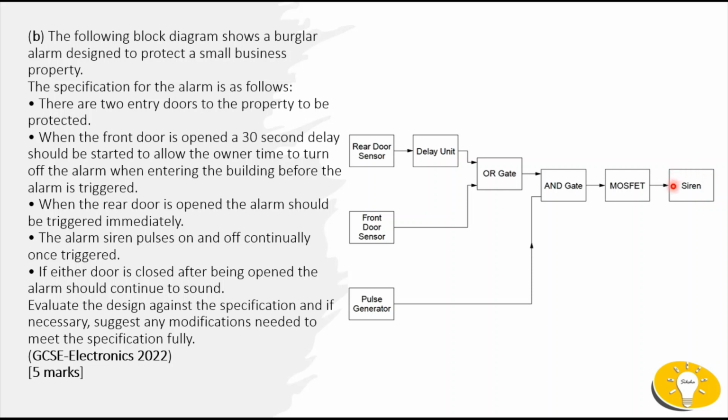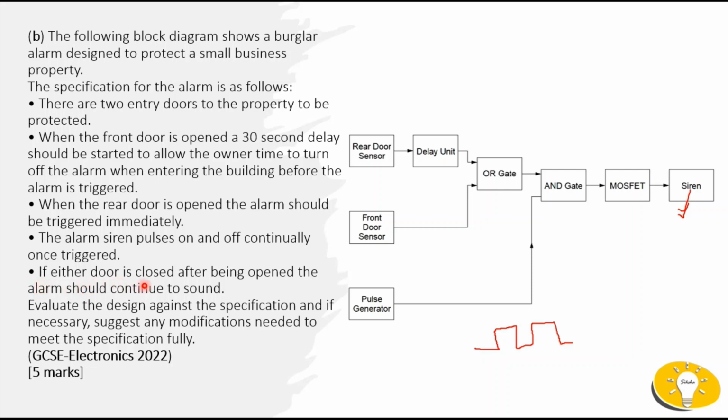So we should connect the siren to a pulse generator. If you remember from the previous video, we discussed the pulse generator. The pulse generator should generate this type of signal, and that should be connected to the siren.